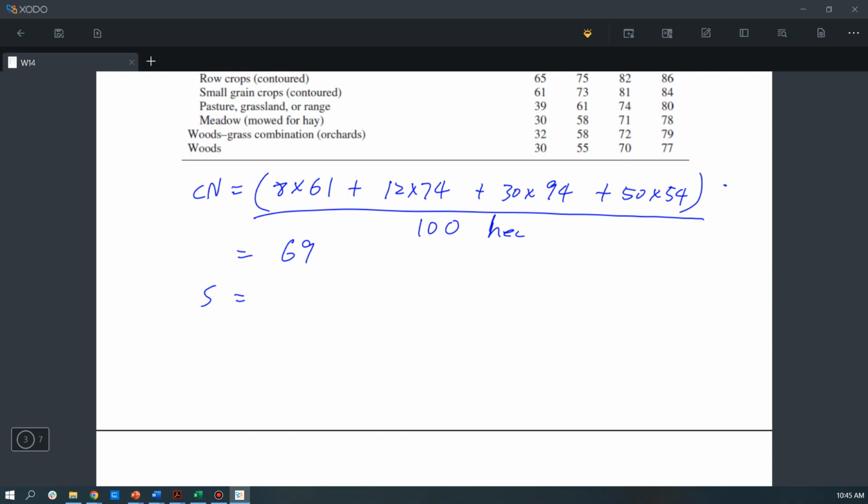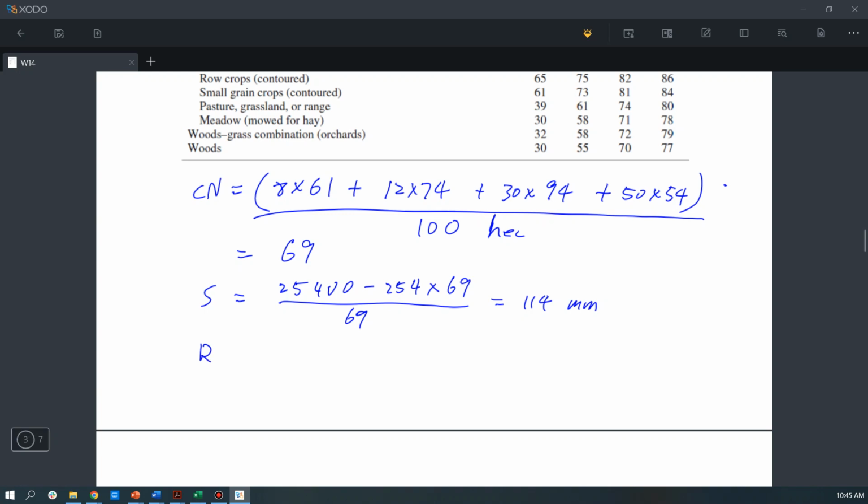So it's 25,400 minus 254 times the CN value that we calculate is 69, divide by the CN value 69. So we'll get 114 millimeter.